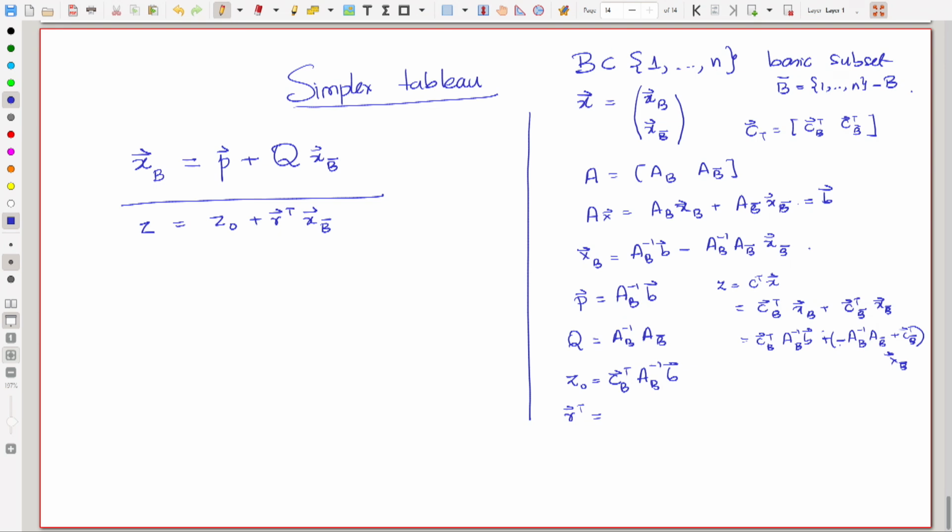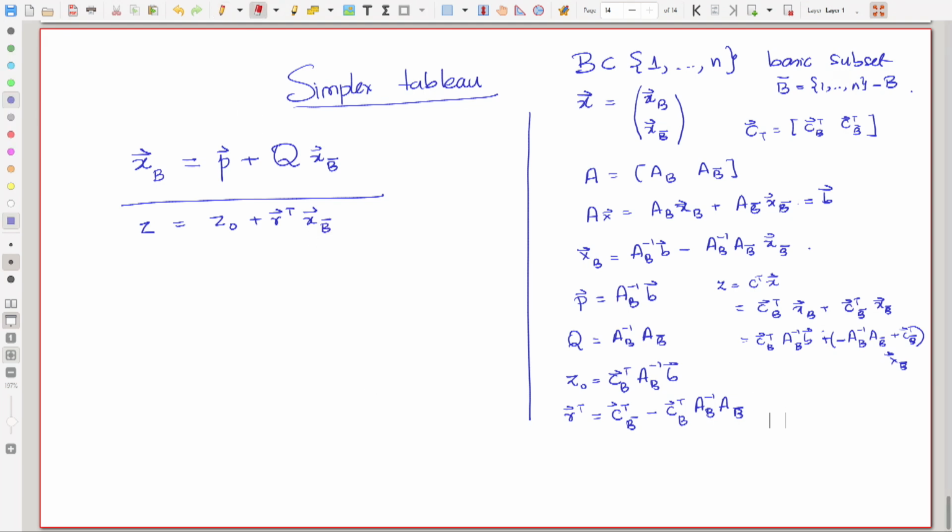So, let me just write it as C T B bar minus C T B A B inverse A B bar, and there is no x B bar here, because x B bar is outside the thing. I hope I did that right.